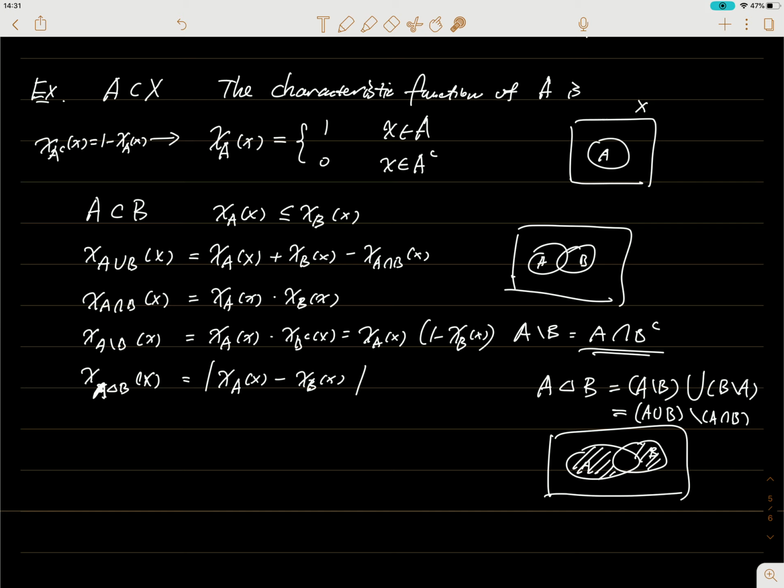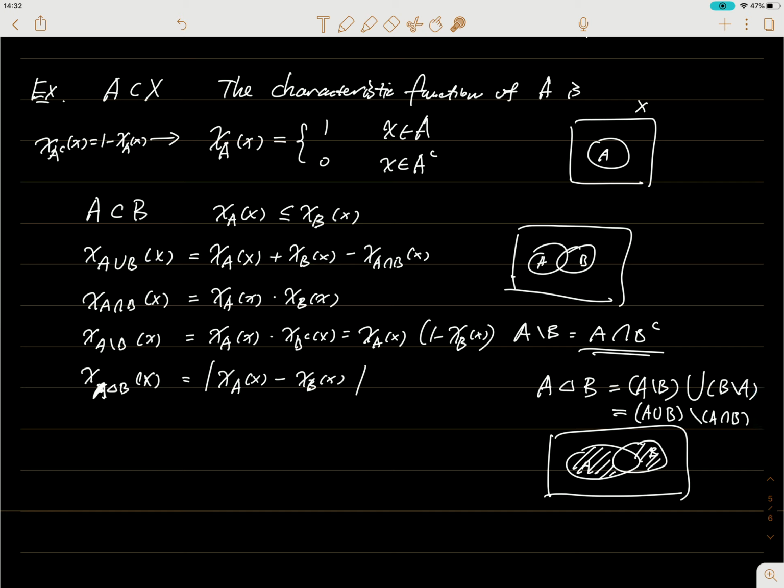So this can be written as A minus B, so it's in A but not in B, or it's in B but not in A. So take the union of these two. Or you can take this as the union of A and B minus the intersection of A and B. So it's inside one of them but not inside both of them. Okay, you can easily show that these two are actually equivalent. They are both definitions for symmetrical difference.